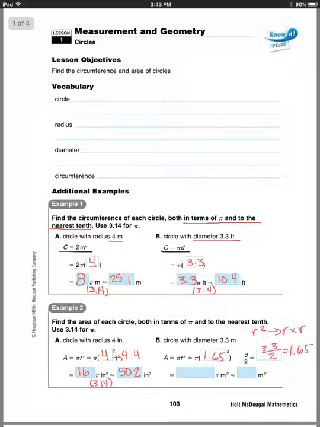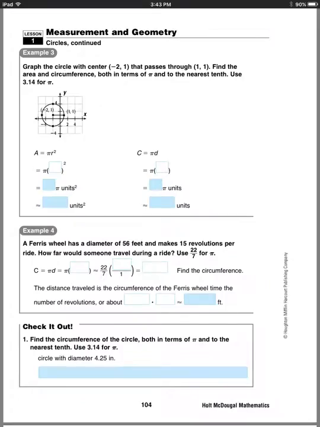Now we're going to multiply 1.65 times itself, and we get 2.7225 pi meters. So that's in terms of pi. And then to the nearest tenth, we multiply by 3.14, and rounded is 8.5 meters squared.